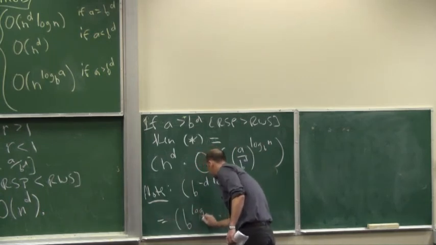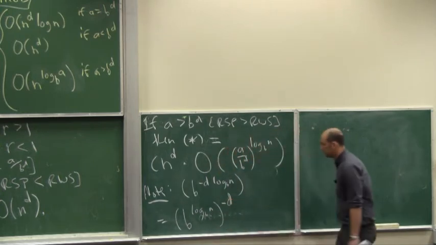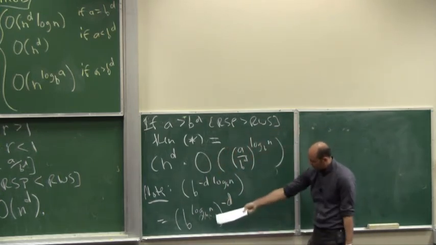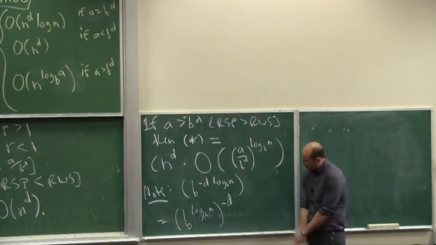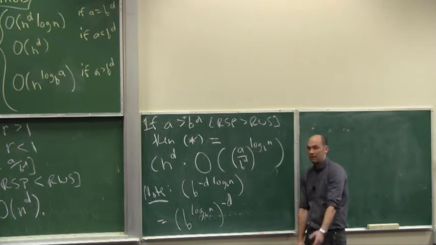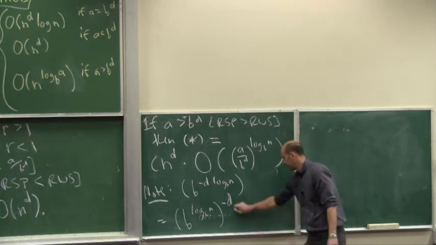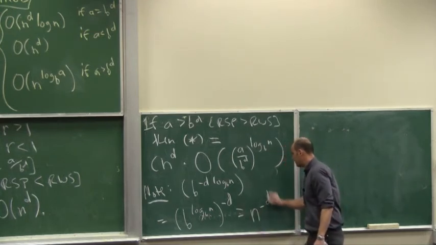So B to the log base B of n, to the minus D. So what is this in here? B to the log base B of n. That is n. All I've done is apply two operations, one of which is the inverse of the other. I started with n, I applied log base B, then I raised it to the B. Pretty stupid. I just get n back. So that's n to the minus D.